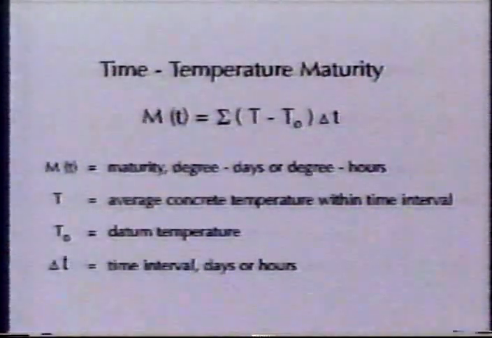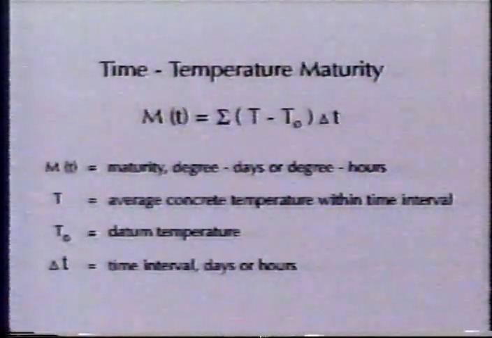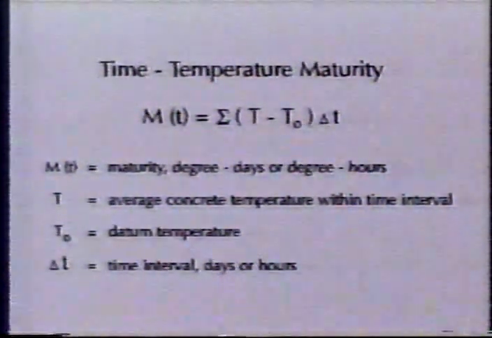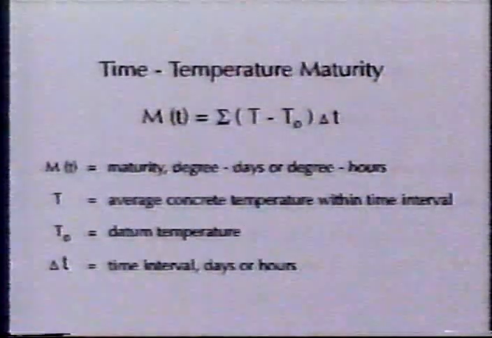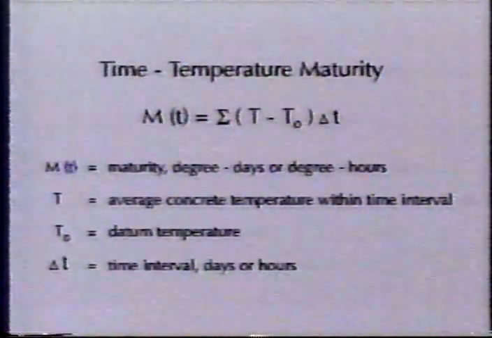The use of different material sources and quantities would affect strength-maturity relationships and result in significant strength estimation errors. Two different methods of calculating concrete maturity are available. The first method is commonly referred to as time-temperature maturity. Measurement units are degree days or degree hours.